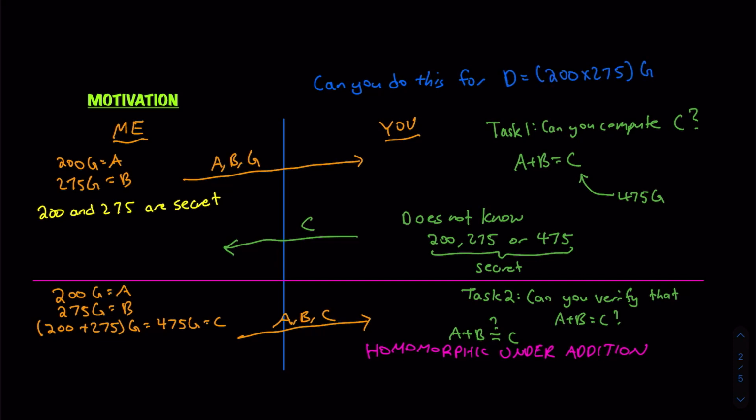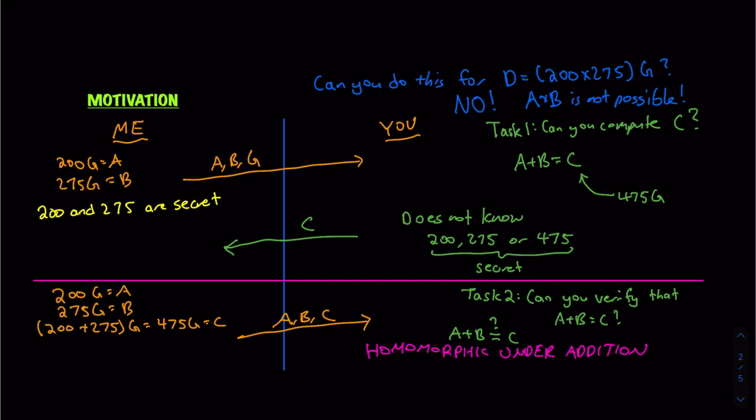We'll call that D. Well, you can't calculate this by doing A times B, because remember, we can't multiply two elliptic curve points. So sadly, this doesn't work. And we say that this is not homomorphic under multiplication. The only way we can calculate D is if we first multiply 200 times 275, then multiply the result with G.